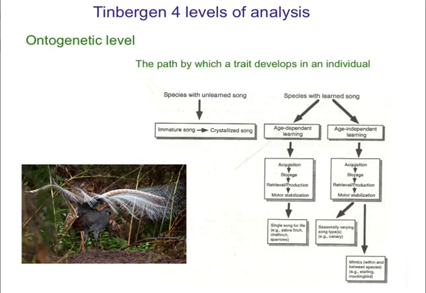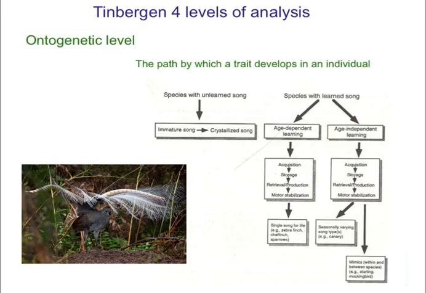There's age-dependent learning, where there's a specific critical period where the bird has to learn the song, and it has to hear the songs of other birds to then copy and practice those songs. And the final type of learning is age-independent learning. This is birds who learn songs throughout their lives. They can learn songs each year.